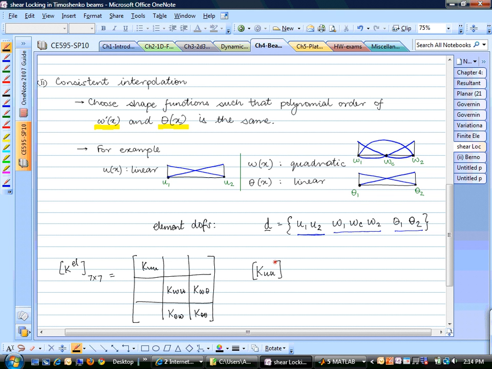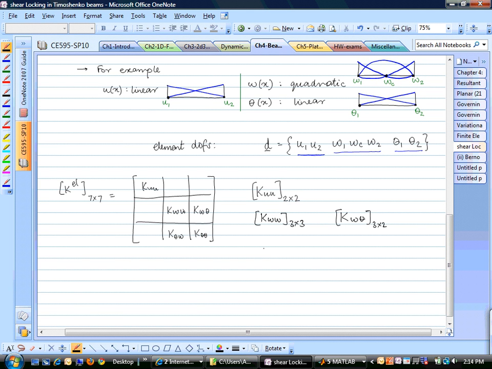KUU would be 2 cross 2, because that doesn't change. We are still using linear shape functions for U. KWW would be 3 cross 3. KW theta would be 3 cross 2. Similarly, K theta W would be its transpose, which is 2 cross 3. And finally, K theta theta would be 2 cross 2.